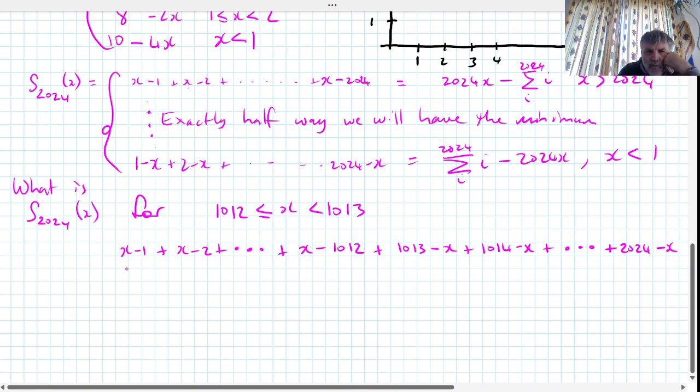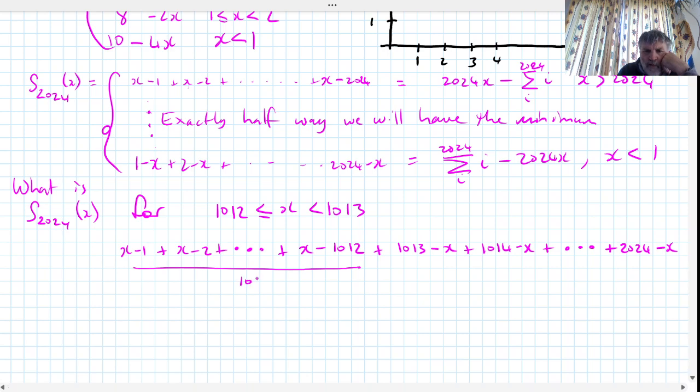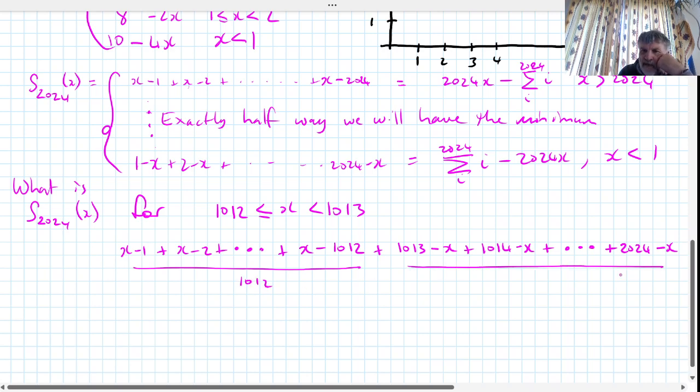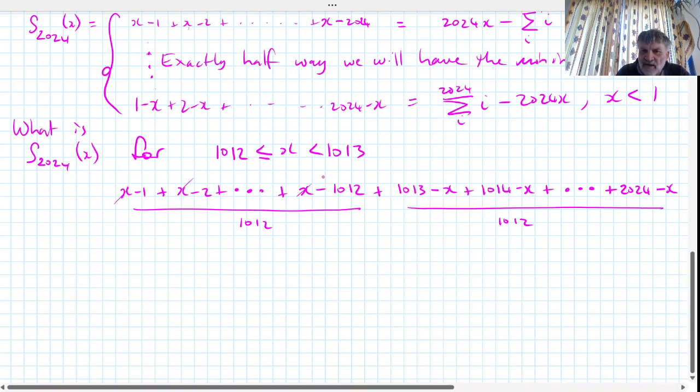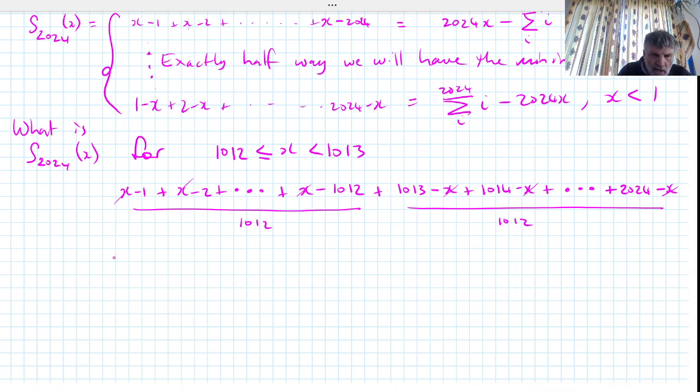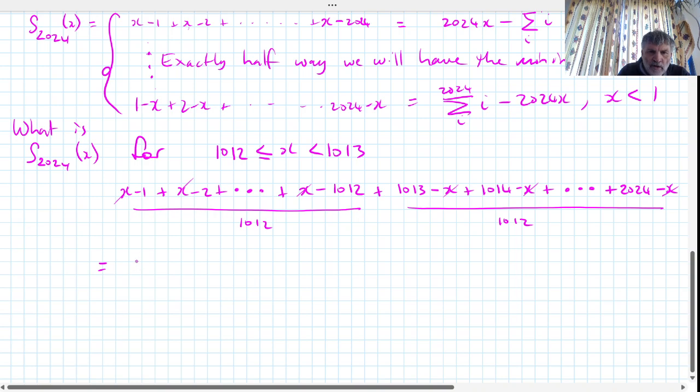And there's 1012 terms here, and there's 1012 terms here. So these x's are all going to cancel out. And that means that this will be equal to the negative of the sum.